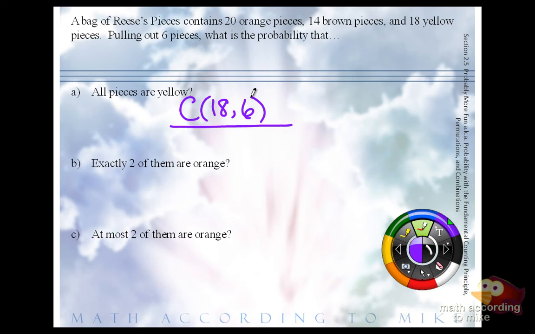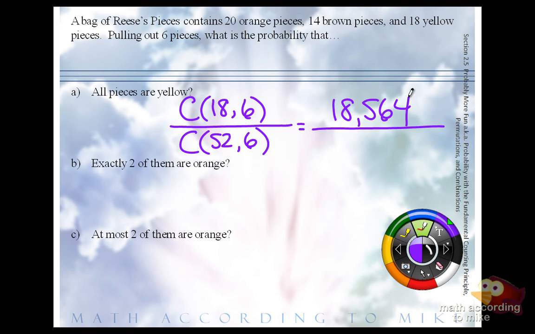Denominator, what does this mean in English? The number of ways of getting 6 pieces out of the whole. Good. How many total pieces are in this bag of candy? 52? Is that right? Oh, I have 52. So out of those 52, how many are we pulling out? 6. All right, what did you get for the numerator?